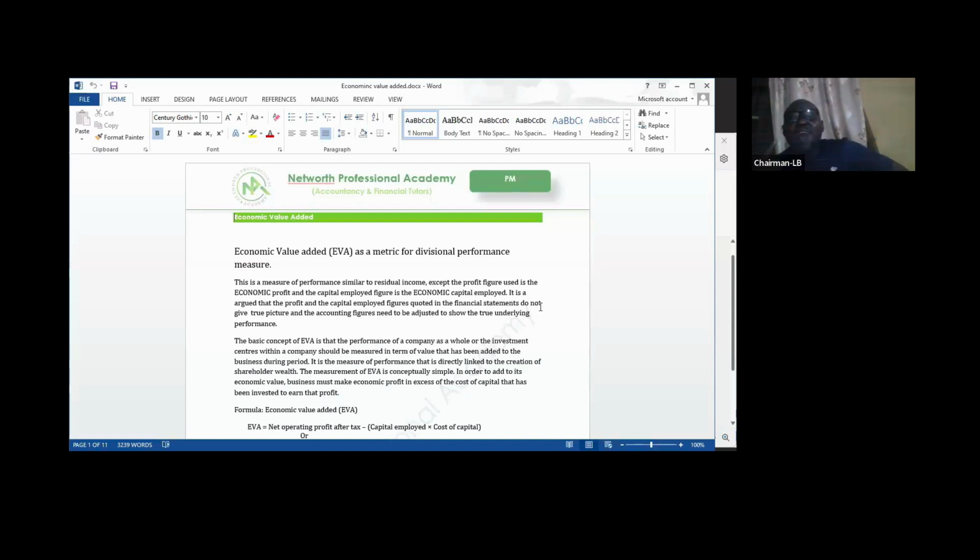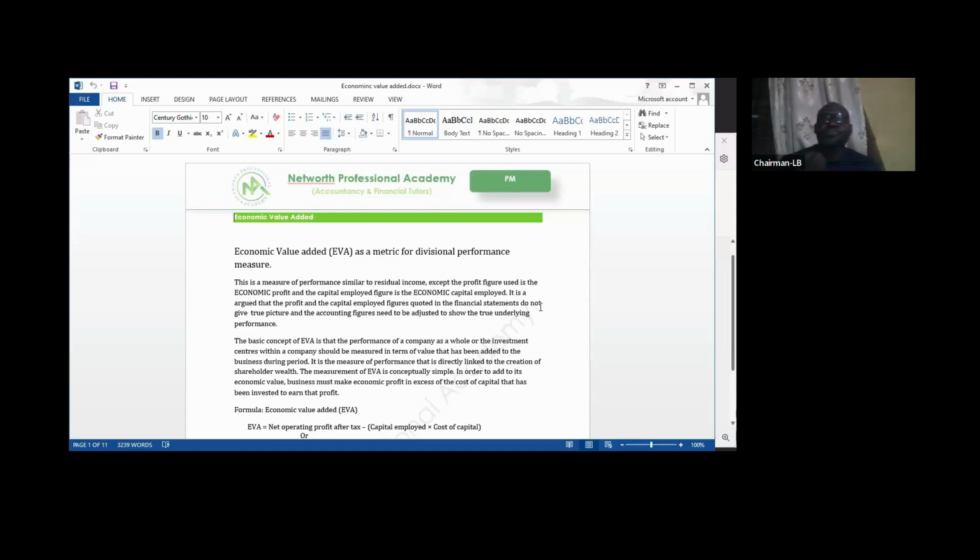It is based on the concept that a company exists in order to maximize wealth for the owners of the business. The objective of a business is to maximize wealth for the owner.